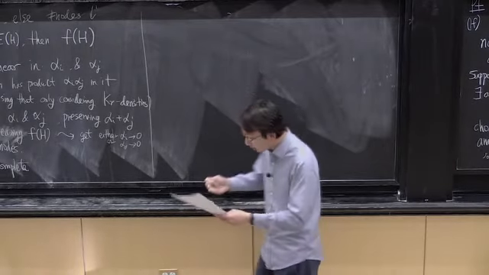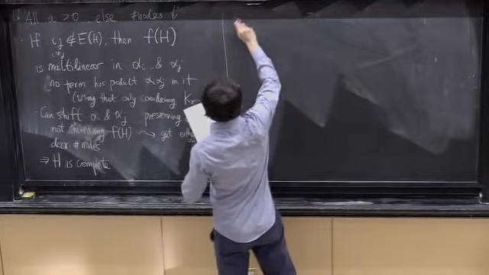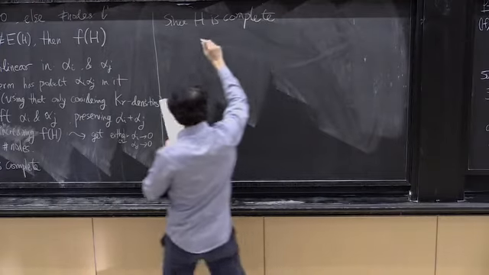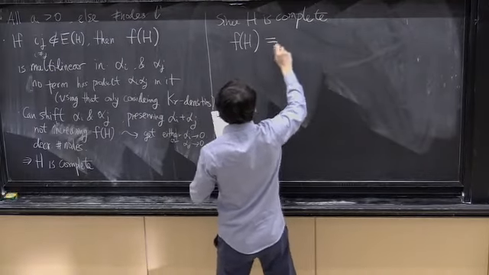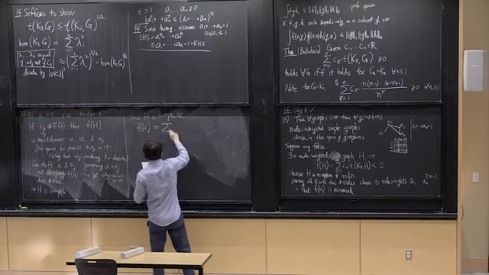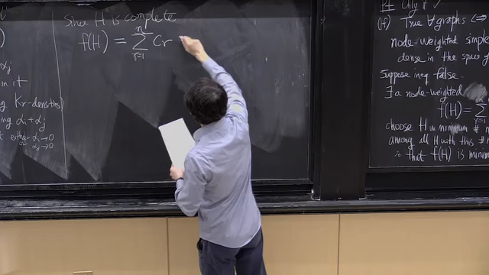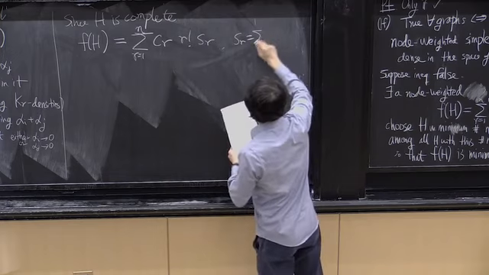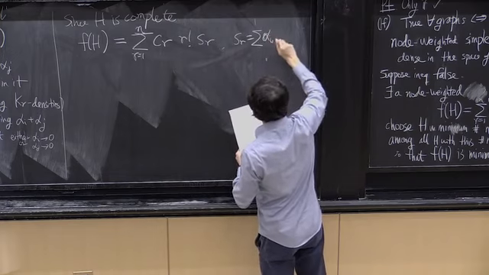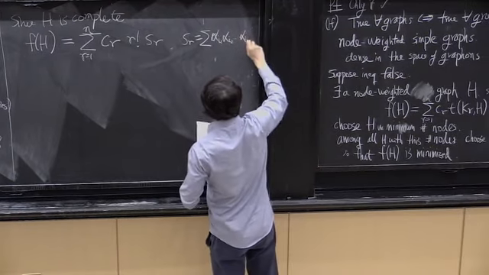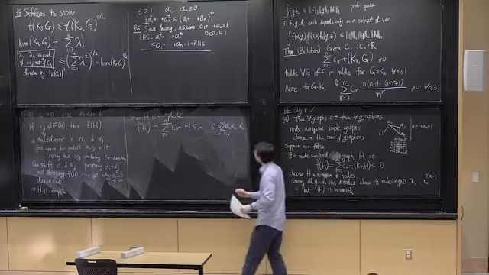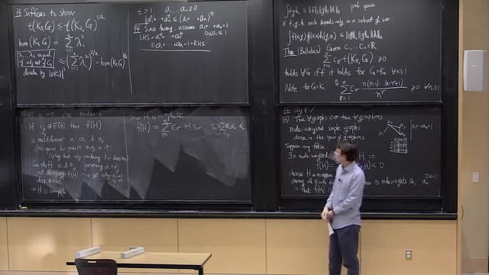So since H is complete, we see that, in fact, now you can write down exactly what f of h is in terms of the parameters described in the problem. Namely, it's C_r times r factorial times S_r, where S_r is a symmetric polynomial, where you choose r of these alphas for each term in this sum. It's just the elementary symmetric polynomial.